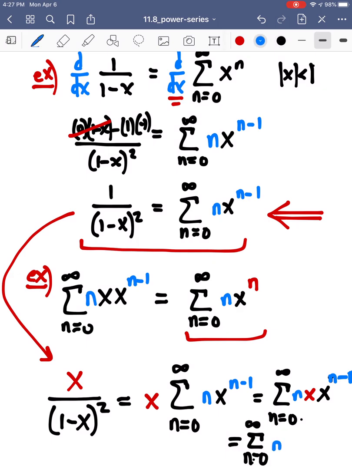So we still have this as n times x, now raised to the power of n, instead of n minus 1. So we can start off with functions and manipulate them into looking certain ways by multiplying factors of x after we differentiate, multiplying factors of x squared after we differentiate or integrate, and things of that nature as well.